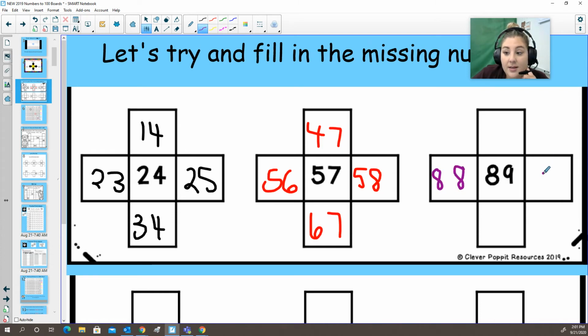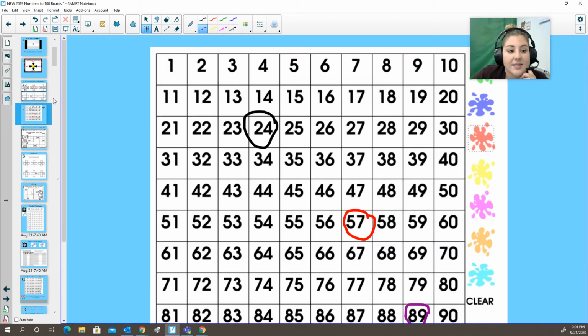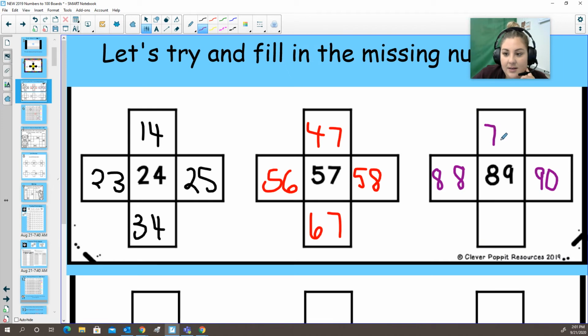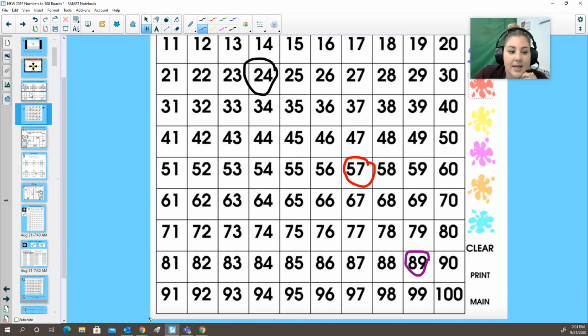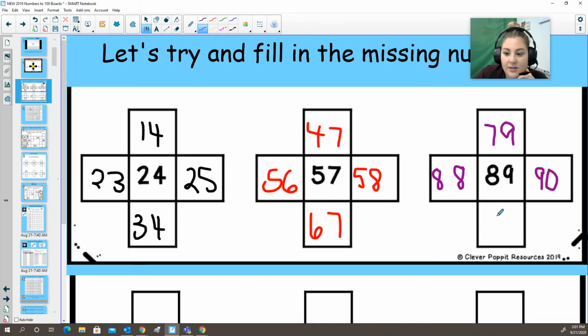One more is 90. Good job. 10 less. Anybody know? Let's look at the chart. 10 less is 79. You got it. And 10 more is 99. You got it. You guys are so good at math. Wow. I love the hundreds chart. It helps me so much.